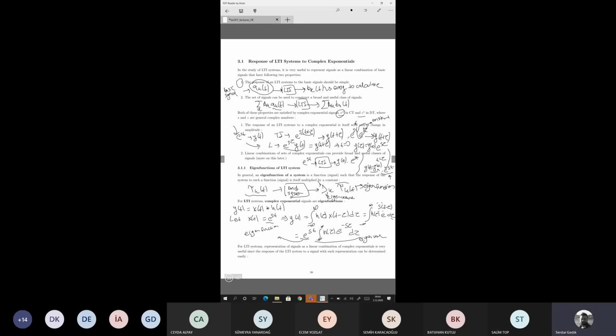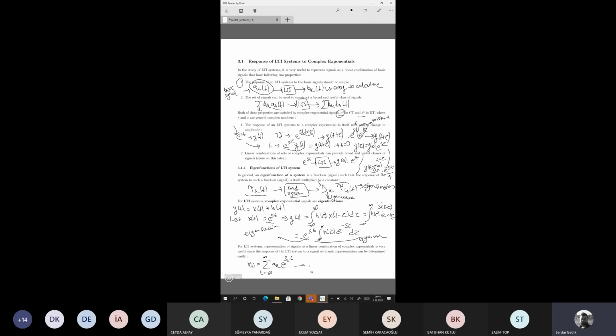So complex exponentials are nothing but eigenfunctions of LTI systems. In general, if you have such an x of t, it is the summation over k from minus infinity to plus infinity of a k e to the power s k t.